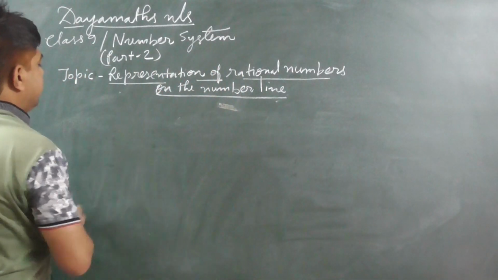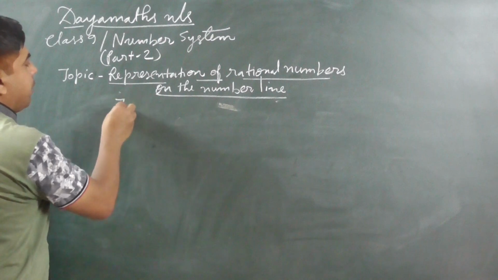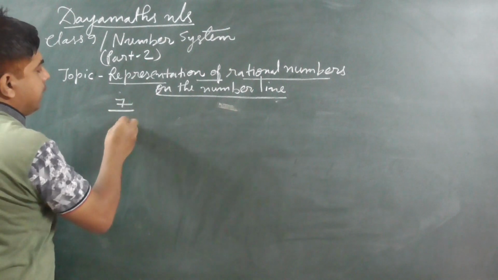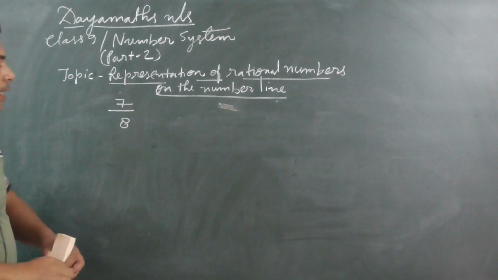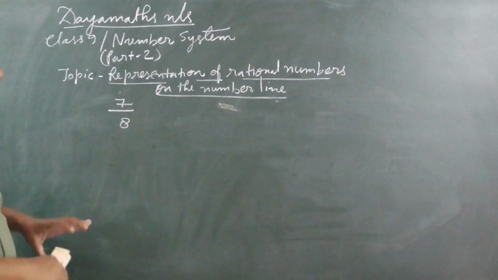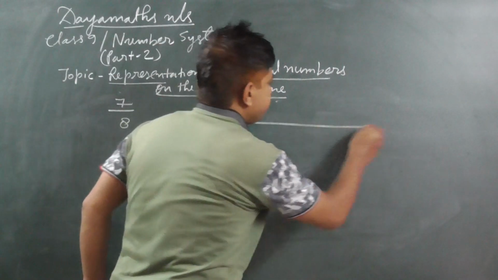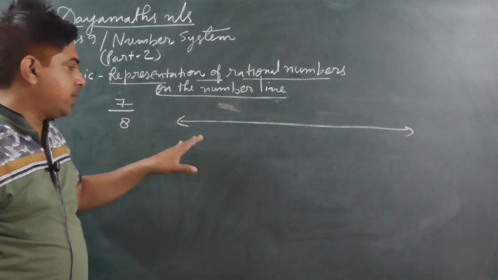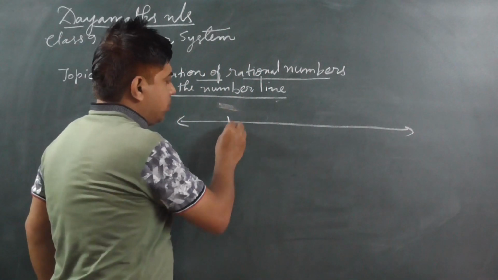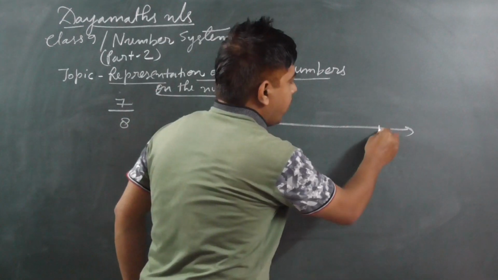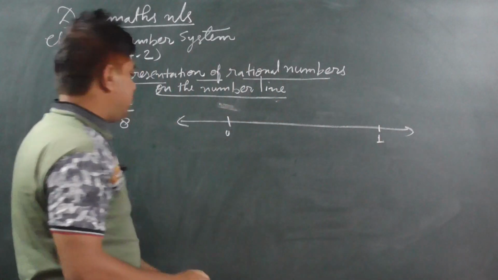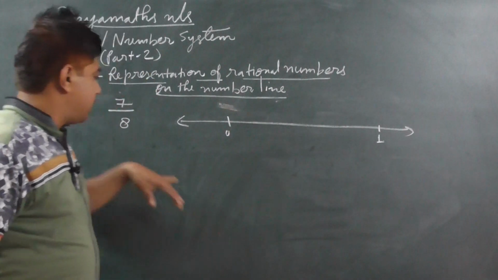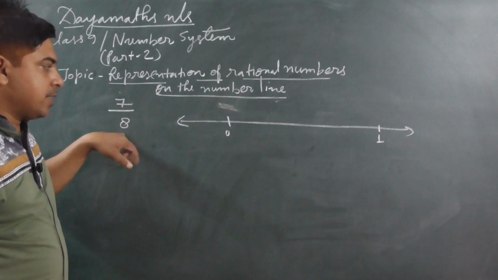If you have to represent 7 by 8, clear? It is also a proper fraction. So just draw a line, give arrows from both sides, write down 0 and 1. Now you have to divide this part into 8 equal sections.